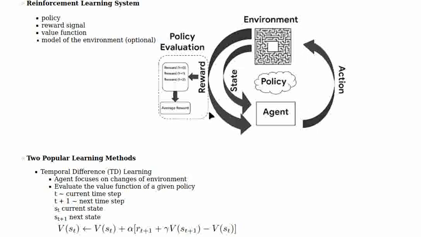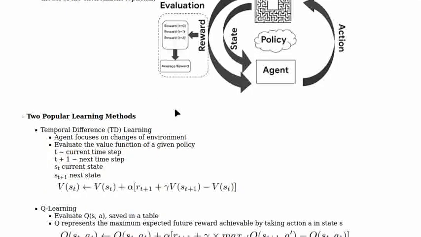A model represents the agent's understanding of how the environment works. It captures the relationships between states, actions, rewards, and transitions. A model can be used for planning, allowing the agent to simulate future actions and predict their outcomes.